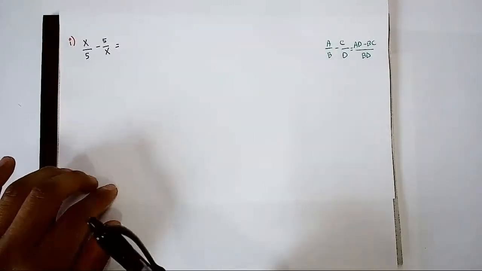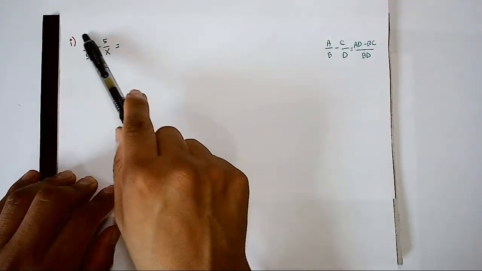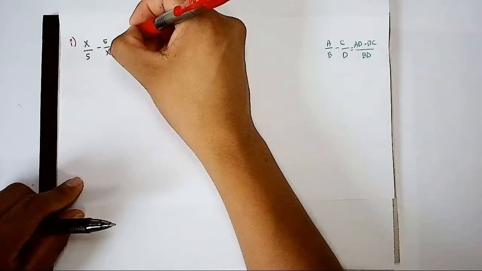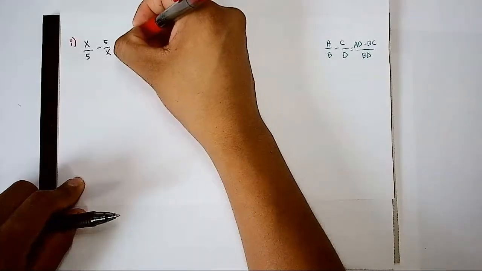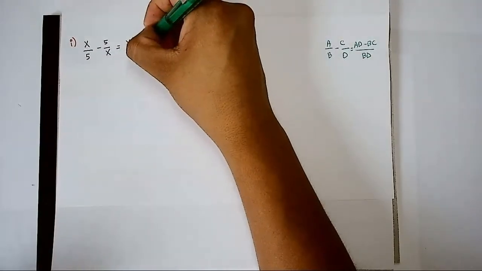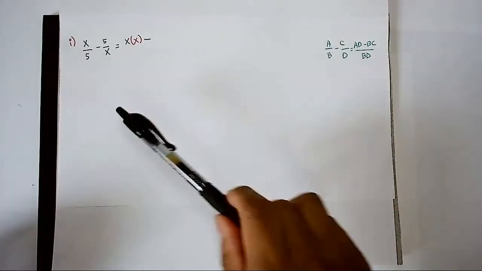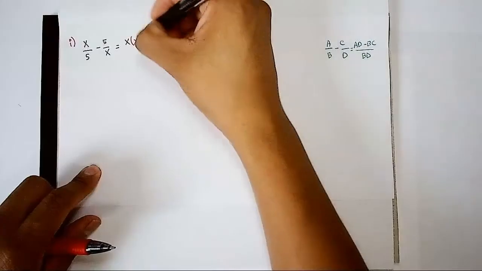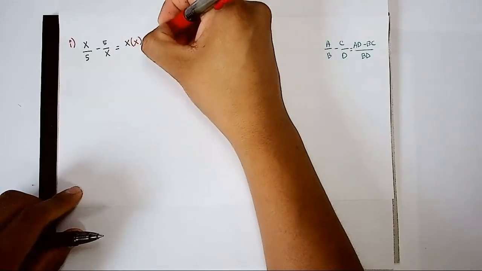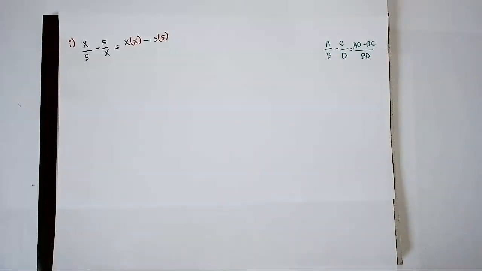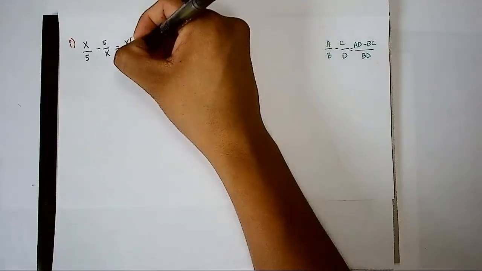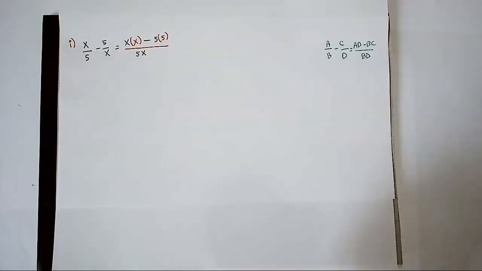This is equal to the numerator of the first fraction times the denominator of the second fraction minus, because it's a subtraction, the denominator of the first fraction times the numerator of the second fraction divided by the multiplication between both denominators.